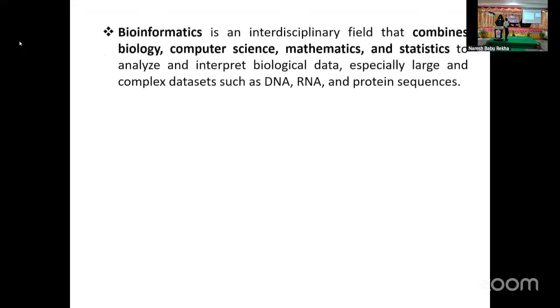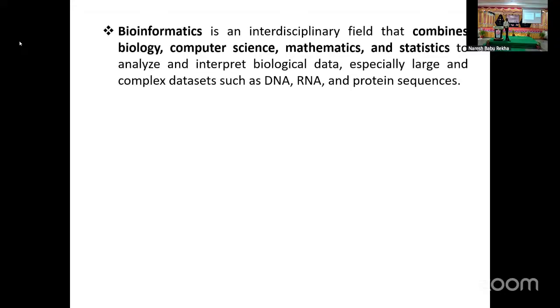When I say bioinformatics, it is an interdisciplinary field that combines biology and computer science. When I say computer science, it is information technology or data science. Whenever you have data, it is huge data.